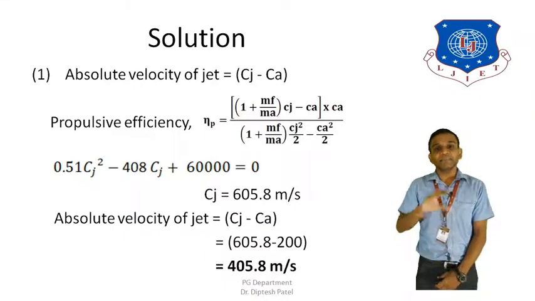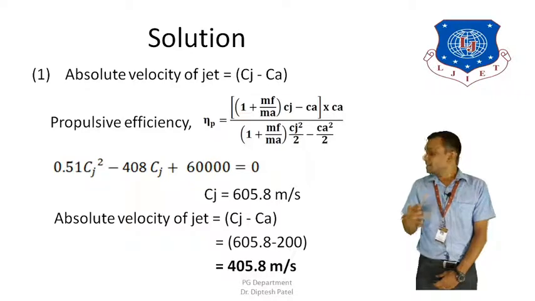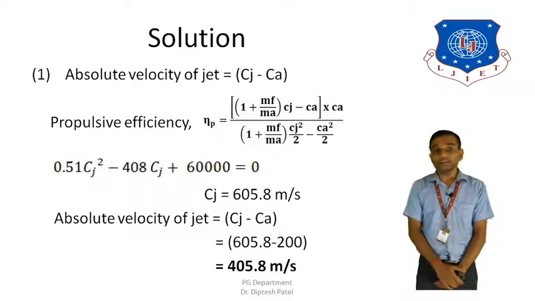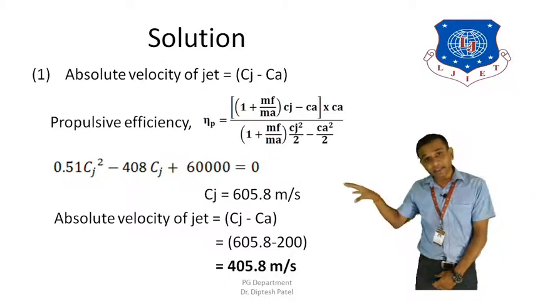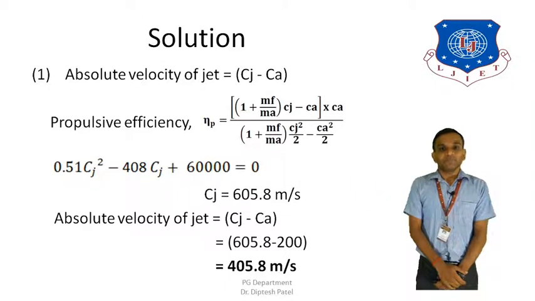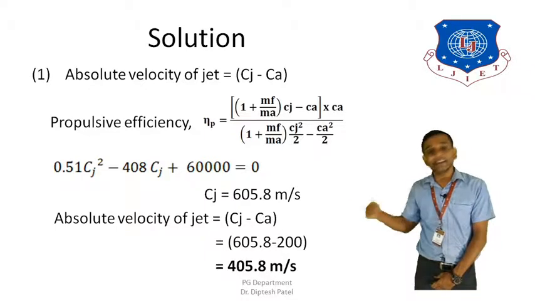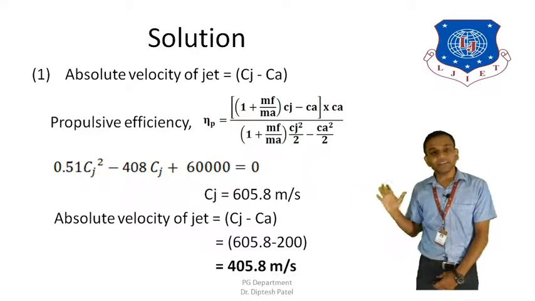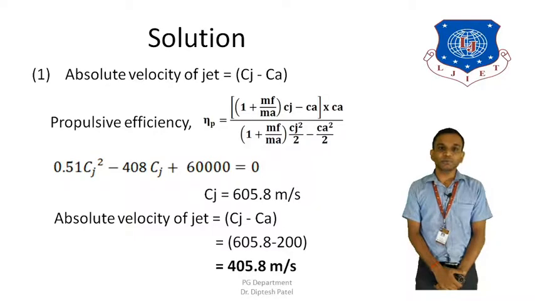So Cj minus Ca, right? The aircraft has a diffuser at the front face from where the air enters, and nozzles, from where the gases leave. If you find the difference, you will find the absolute velocity of jet.